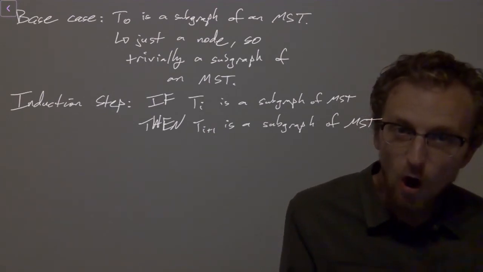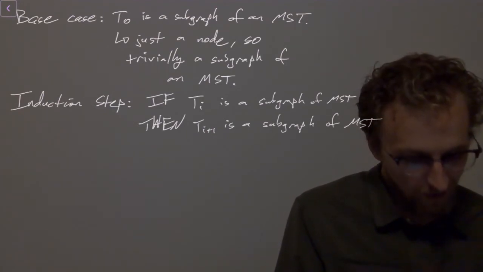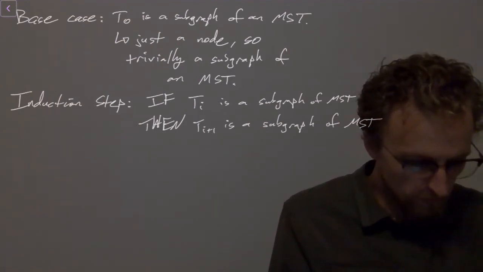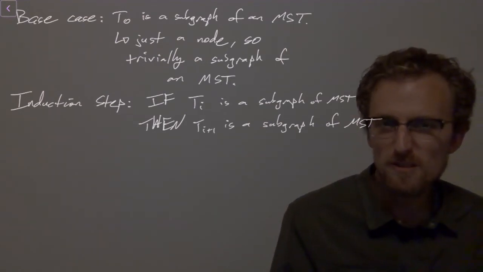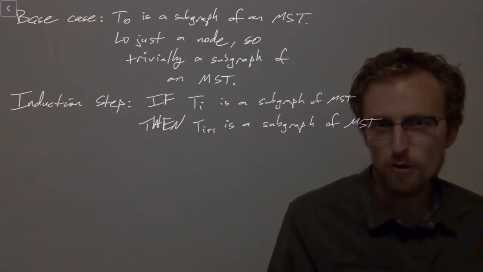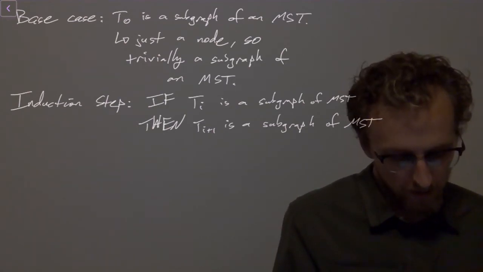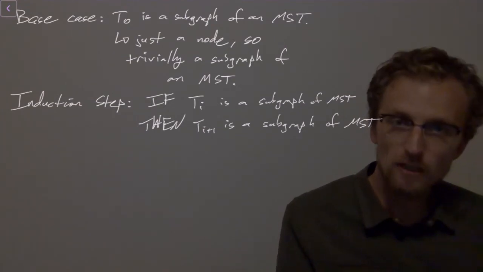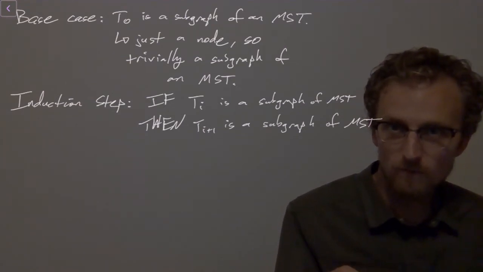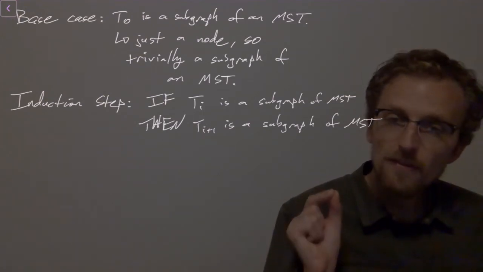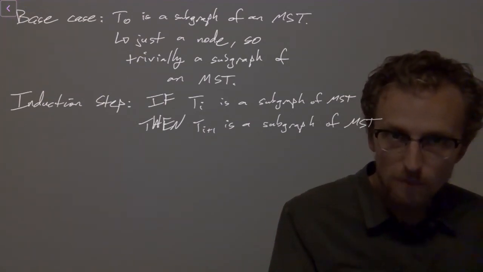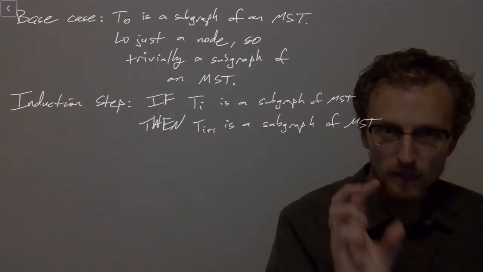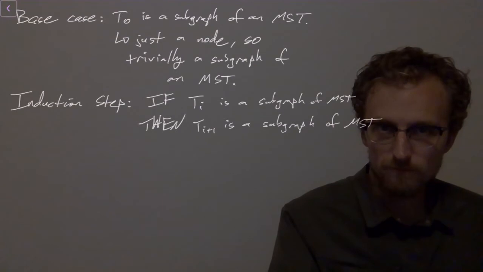Okay, but what you can always do is you can say, well, I've got my base case. So suppose I wanted to prove my induction step for step 3, right? For I equals 3. If my induction step is true, then what that means is that I can go from T0 to T1, right, for I equals 0. And then I can use the induction step again and go from T1 to T2. And then I can use the induction step again and go from T2 to T3, right?